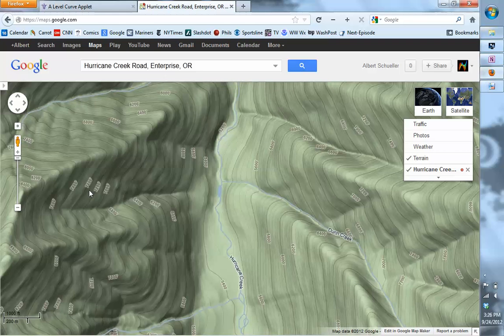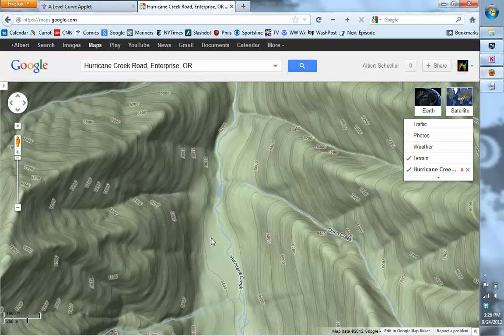7,600 feet. If I was able to bushwhack my way along this ridge, I would be going neither up nor downhill. I would be at a constant 7,600 feet. When you're assessing a trail, for example, if you look at this trail, this river goes kind of along, right?